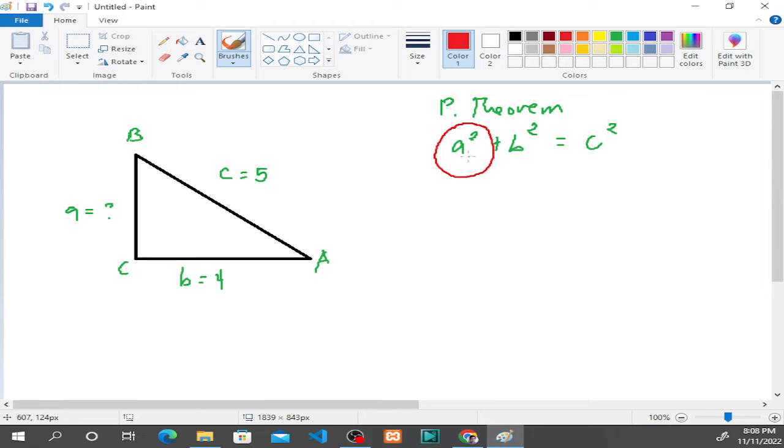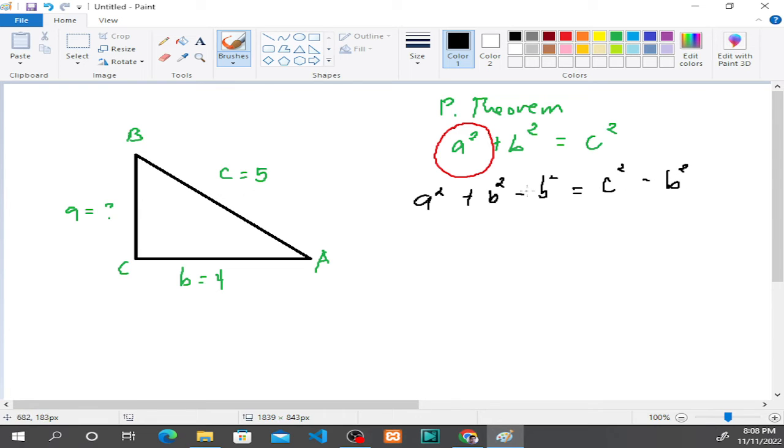Because we need to isolate a, and what's with a is b squared, and we want to remove it from this part of the equation. So we subtract b squared from both sides of the equation.